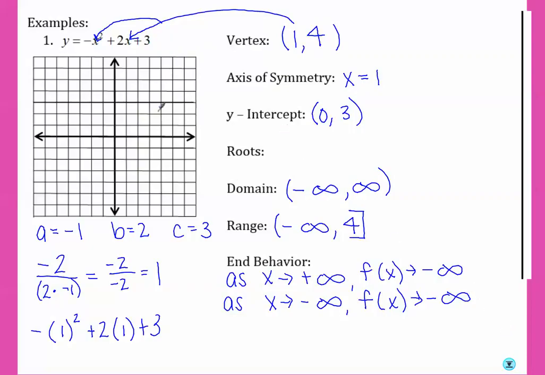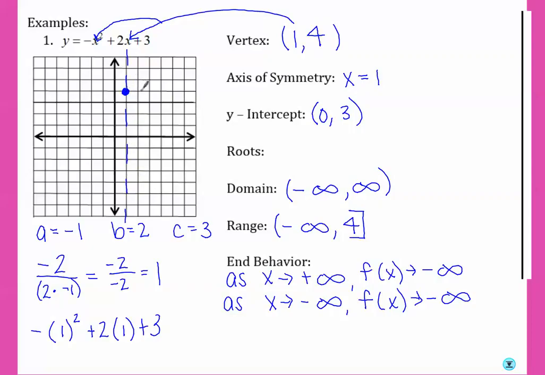So let's graph it. We're going to start at (1, 4). And we're going to use our squared pattern, and remember, because a is -1, we'll go down instead of up. Let's also graph our axis of symmetry to make it easier to reflect our points when we're done.